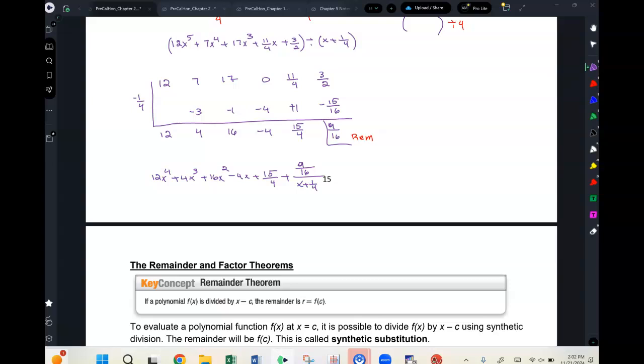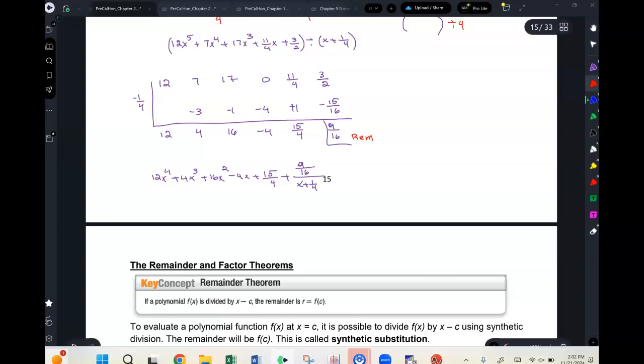Yeah, but I don't want that. Should I multiply by 4 or 16, you think? 16, because you want to get rid of all the fractions. So, look at this. You have a denominator of 16, you have a denominator of 4. Multiply top and bottom by the common denominator of 16.